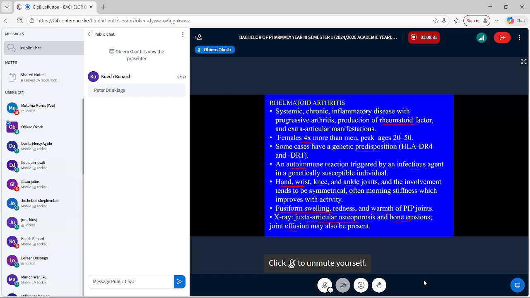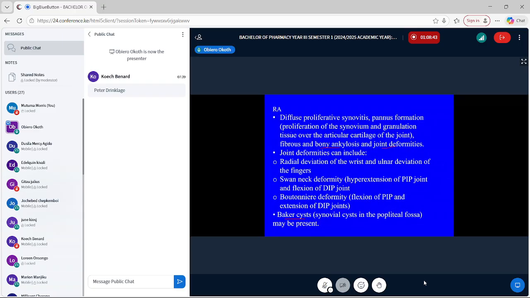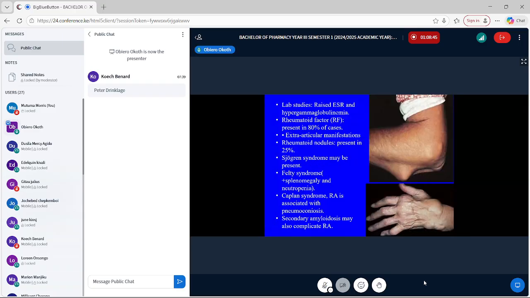And remember we said at the beginning that it's a joint disease, but it also has extra-articular manifestations, meaning it also appears in other tissues that are not joints. Okay? And in the laboratory, you see a raised ESR, you see raised antibodies, so gamma globulins are increased.